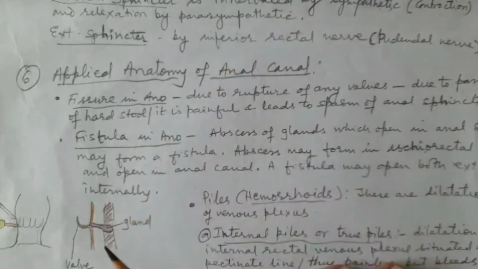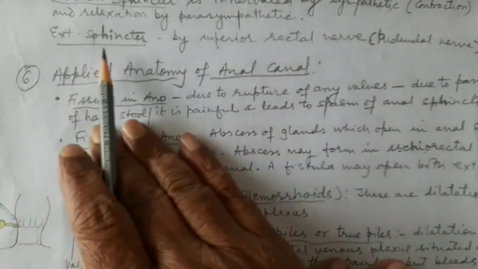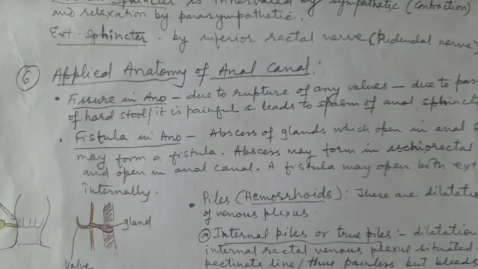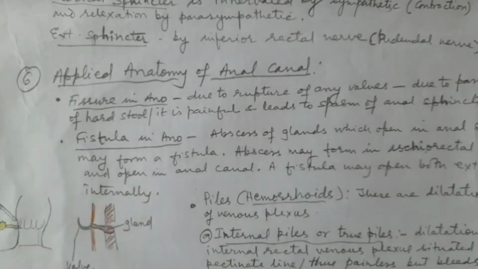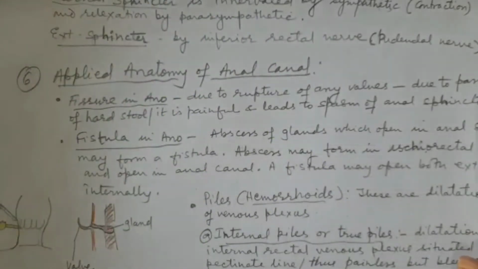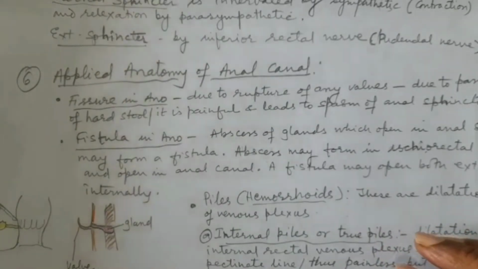This becomes active during defecation, while the external sphincter, which is voluntary skeletal muscle, is supplied by the inferior rectal nerve, a branch of the pudendal nerve. This external sphincter will also always remain in contractile condition except during defecation.